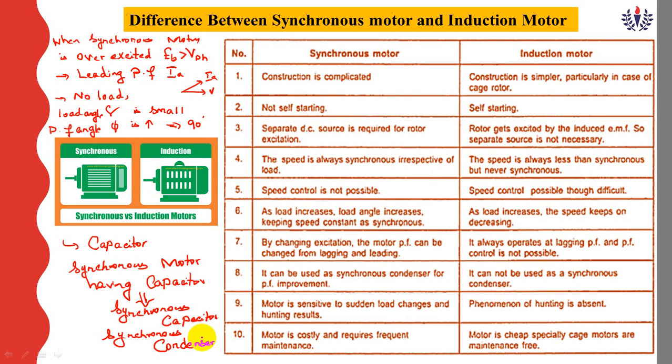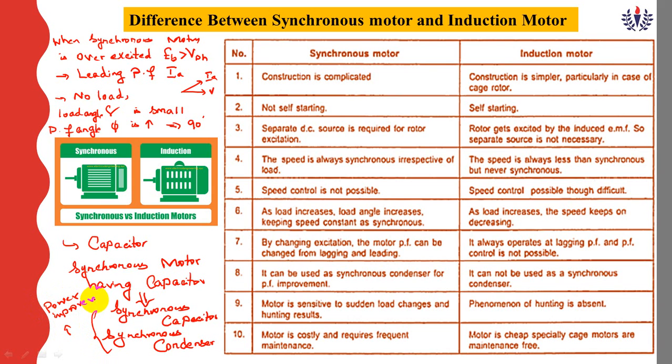Understood or not? This synchronous condenser property is why a synchronous motor is used as a phase advancer. The synchronous condenser method is a power factor improvement device applicable in substations.